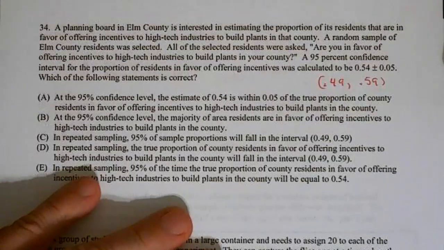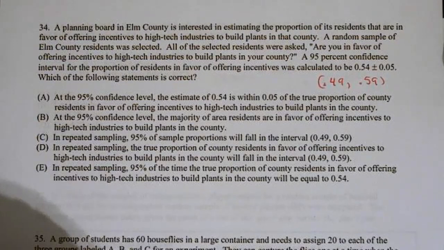For number 34, a planning board in Elm County is interested in estimating the proportion of its residents that are in favor of offering incentives to high-tech industries to build plants in that county. A random sample of Elm County residents was selected. All of the selected residents were asked, are you in favor of offering incentives to high-tech industries to build plants in your county?